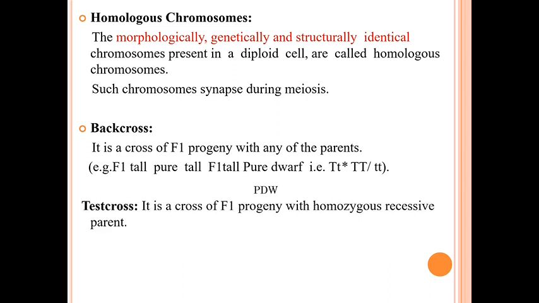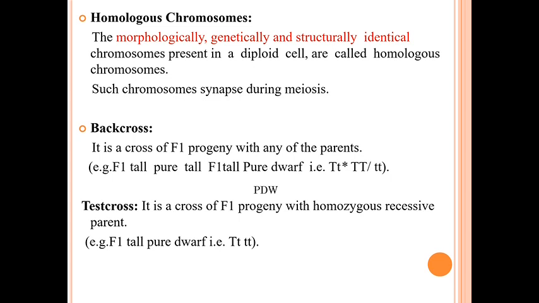Test cross. It is a cross of F1 progeny with a homozygous recessive parent. That is, the F1 plant crossed back with the pure dwarf plant, small t. It's called a test cross.